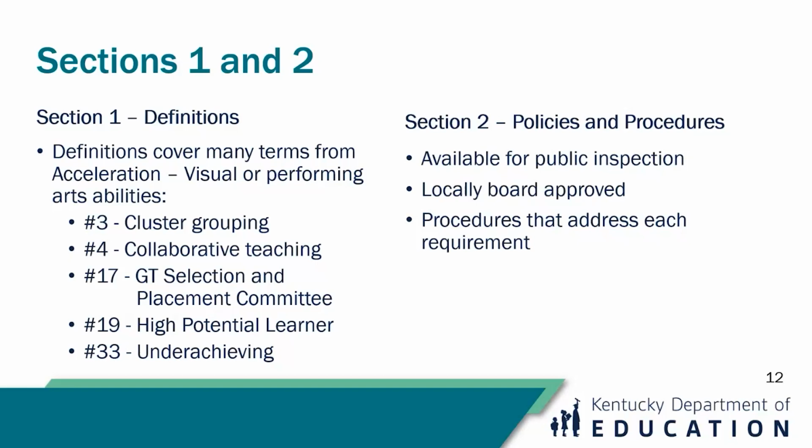Next, we have sections 1 and 2. Section 1 covers the definition of many of the terms that are used in the regulation. For example, there are definitions for cluster grouping, collaborative teaching, GT selection and placement committee, high potential learner, and underachieving.